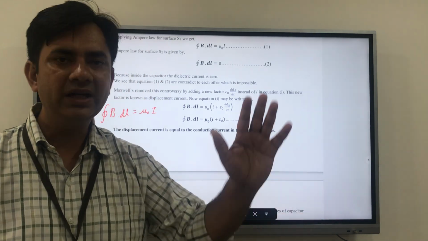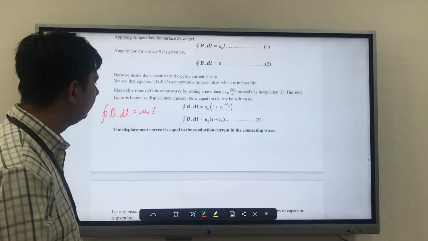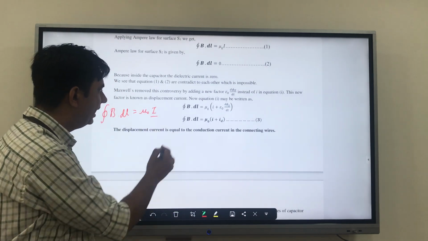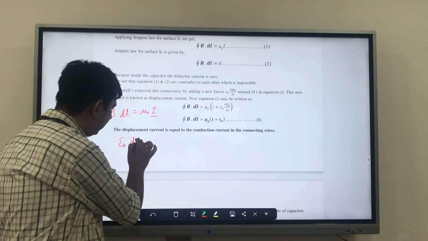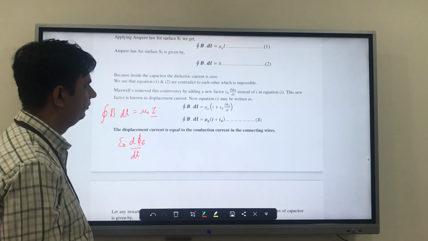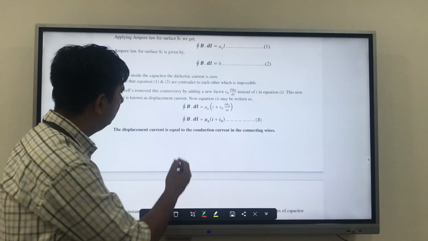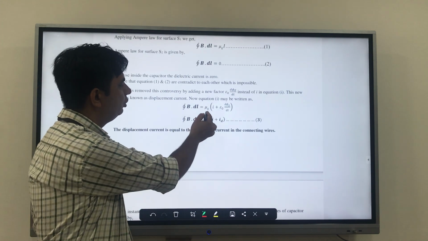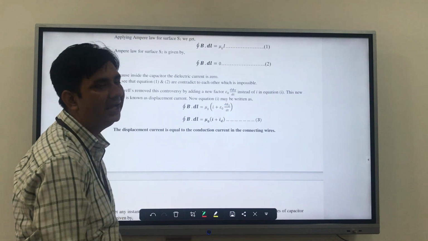He said that if we use another term along with this current, and that is mu naught epsilon naught d flux E by dt, then something can happen. So he rewrote the equation: closed integral B dot dl is equal to mu naught I plus mu naught epsilon naught d phi E by dt.